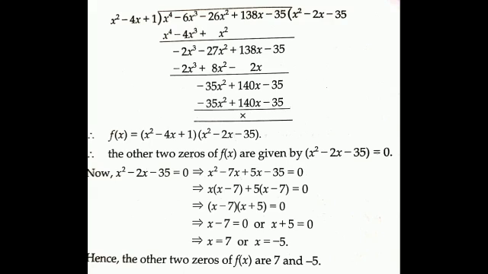That is, all the 4 zeros we must have written. But here in the question it is asked to find the other zeros other than the zeros which are given. So other zeros are only 7 and minus 5.